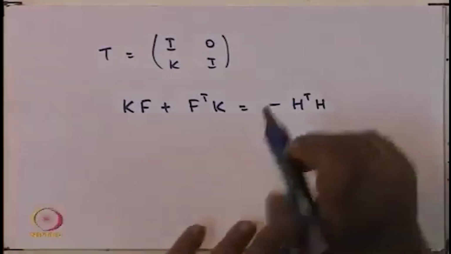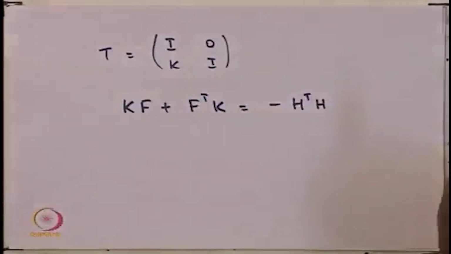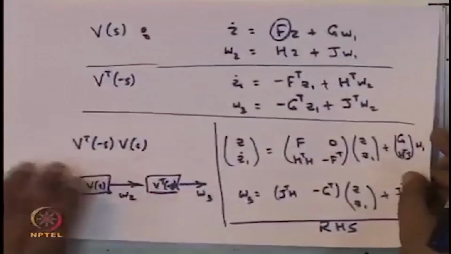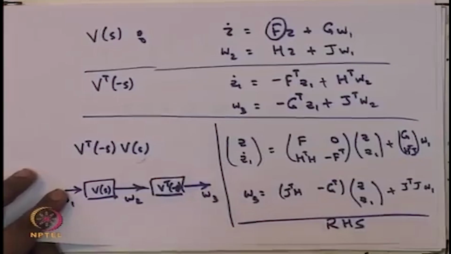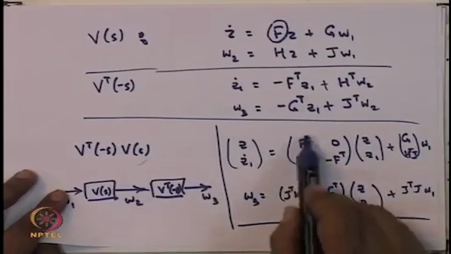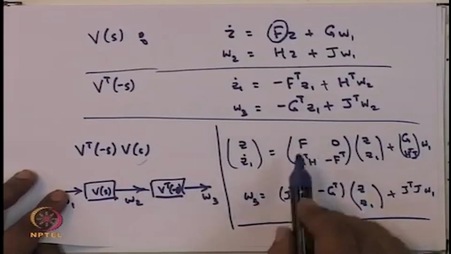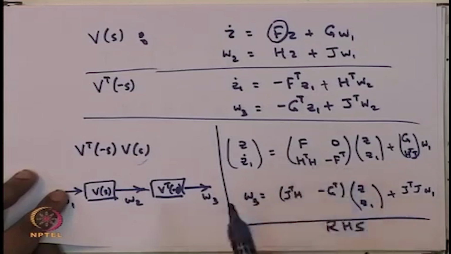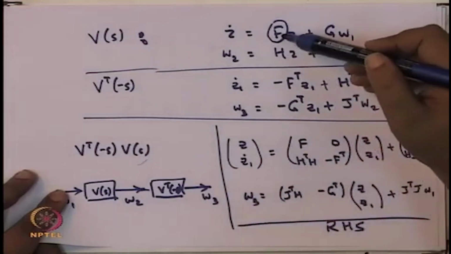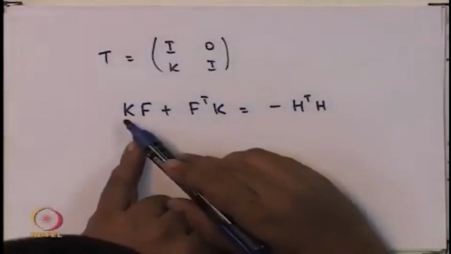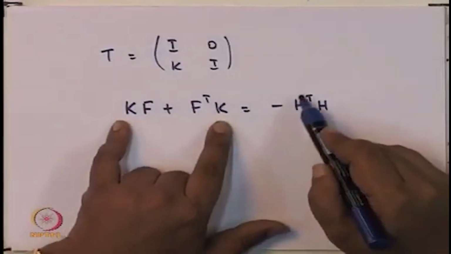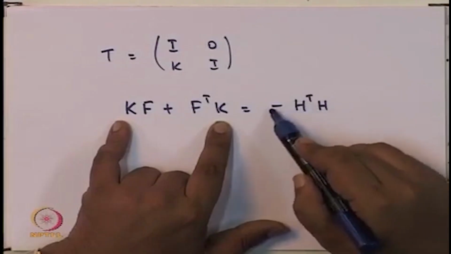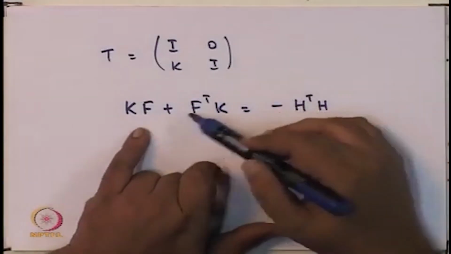Okay. Now, let me just revisit. This is the minimal state equation that we got for the right hand side. We want to make this matrix diagonal. In order to make this matrix diagonal, also remember that this F is a Hurwitz matrix. Now, if F is a Hurwitz matrix, this equation for any positive... F is a Hurwitz matrix.